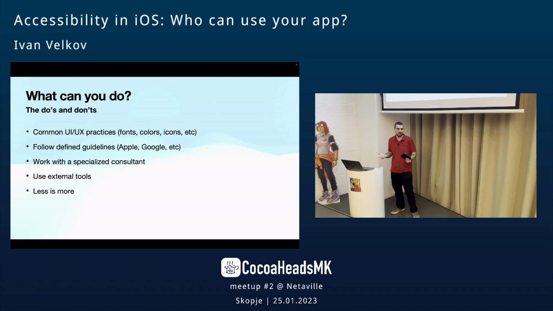I'm going to say screens because I'm an iOS developer, so I'll keep it like that. So how you lay out the elements on the screen, what can be touched, what cannot be touched, stuff like that. This is common practice, but when you apply accessibility, this is 100% a must. You cannot avoid this. This is a very detailed topic.